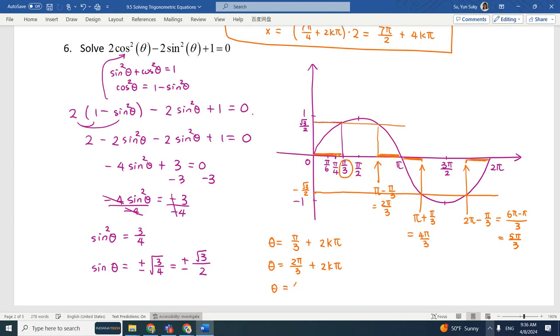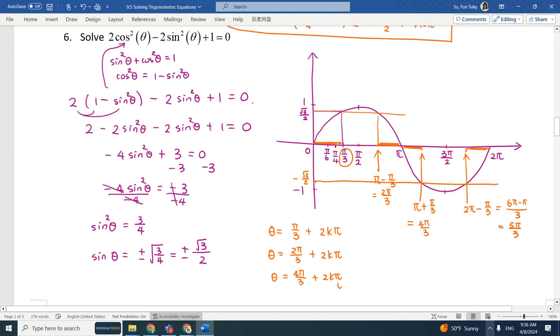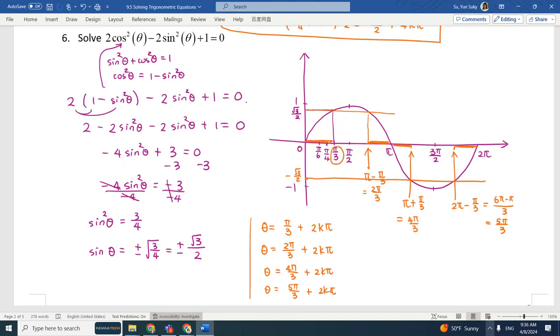The next one, 4 pi over 3 plus 2k pi. And the last one, 5 pi over 3 plus 2k pi. And these are all the solutions. Is that okay, everybody?